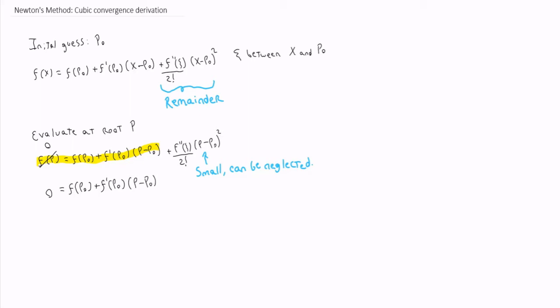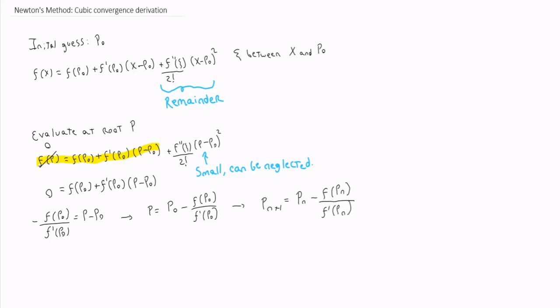Then we can use some algebra and we can simplify it the following way. So once we have it in this form, p equals p sub 0 minus f at p0 over f prime at p0, we can actually convert this into an iteration.